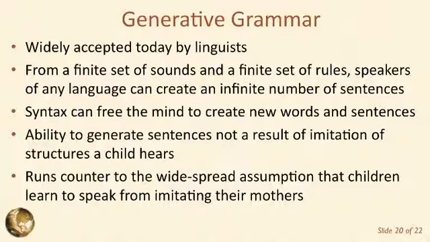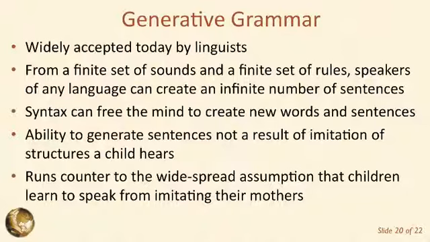From that limited set of resources, an unlimited, infinite number of sentences can be generated, and the fact that very often in conversation sentences are spoken that have never been spoken before is a good indication, I think, of the flexibility of language.